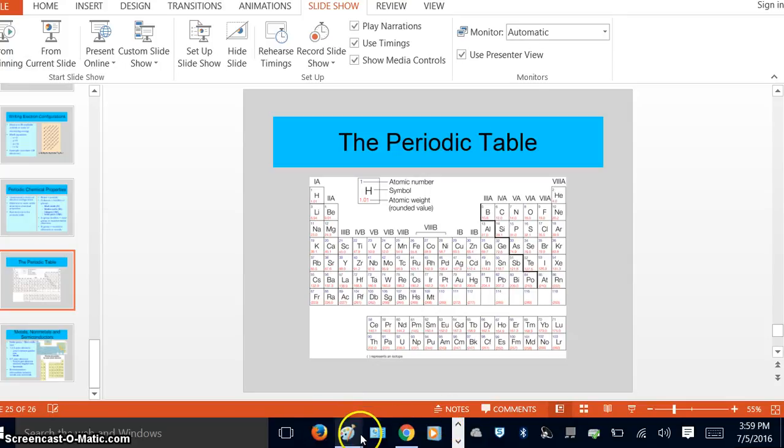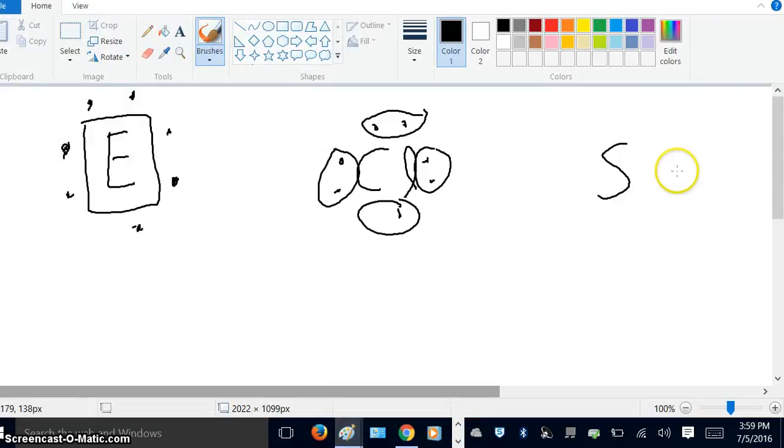All right, so let's get back to my picture here. There we go. And so sulfur has 6, and so here we go, 1, and then the other side of the box is 2, 3, 4, 5, and 6. All right, so what do we have? This is a pair. This is a pair.